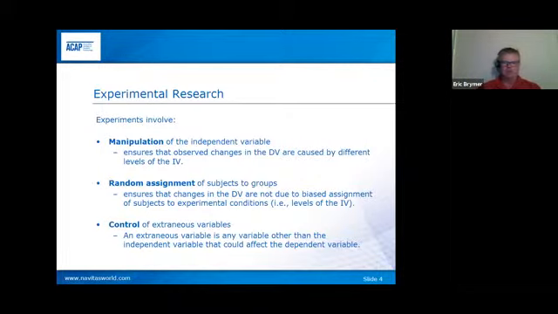But the other thing we need to take care of is extraneous variables. Imagine that same experiment, with the two groups: one gets an anxiety intervention, and the other we'll put through a stress intervention, telling them how to manage their stress.